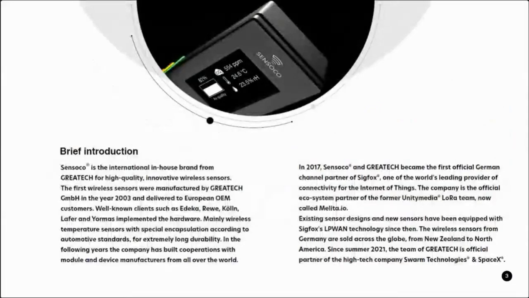Just a brief introduction. We have one, or actually two, in-house brands. One is Sensoko, and this brand is mainly for the IoT and IIoT devices that we build. We build a wide range of products, from temperature and humidity sensors over CO2 sensors, fine particulate, and so on.